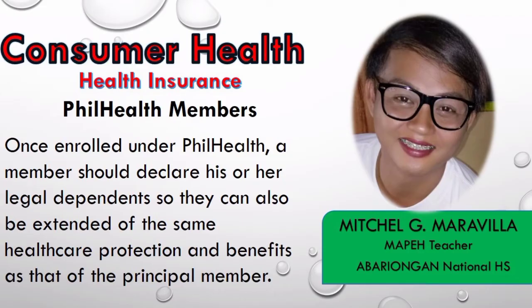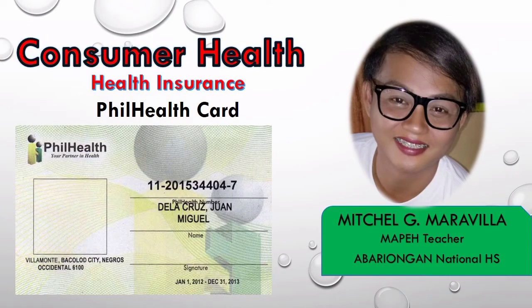So, merong criteria yung mga yan kung papaano ka maglalagay ng or makonsider bilang dependent mo yung mga, kunwari, other members of your family. We have here an example of a PhilHealth card. So meron siyang PhilHealth number, yung pangalan, and then yung validity of the card.